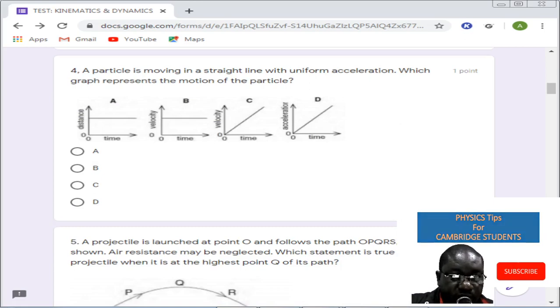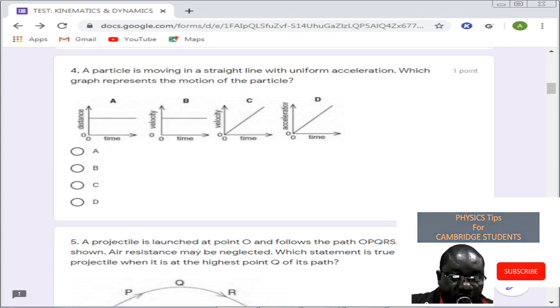Number 4, a particle is moving in a straight line with uniform acceleration. Which graph represents the motion of the particle? So it's uniform acceleration, which means the acceleration should be constant. And on a velocity time graph, acceleration is the gradient.